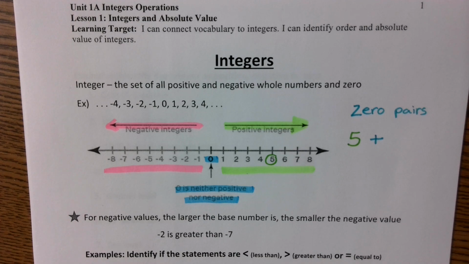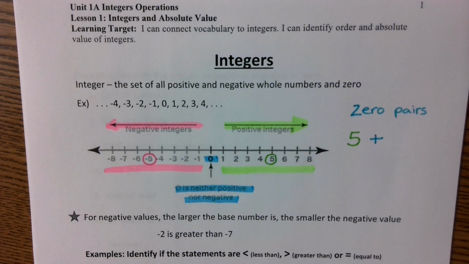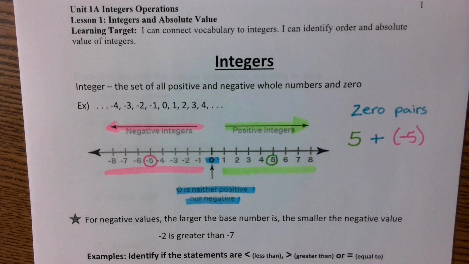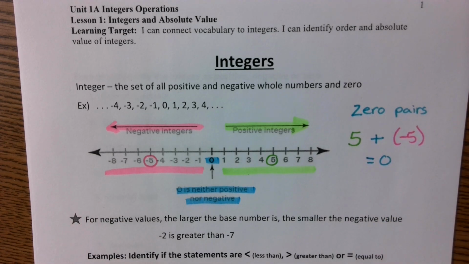Okay, so we call those opposites. They are direct opposites, and when you piece them together, they make what we call a 0 pair, because when we combine them together, it will equal 0. When you take any positive number and combine it with its exact opposite, it's going to create that 0 value.